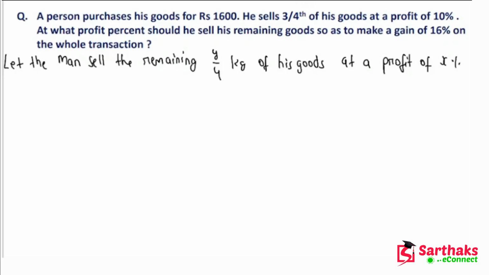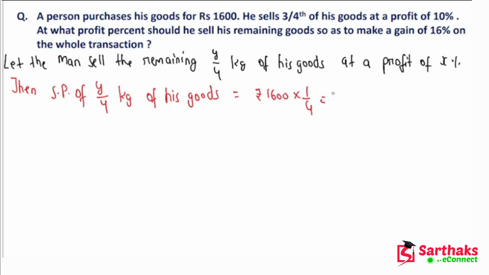Okay, so you can clearly see when you do this, then the selling price of y by 4 kg of his goods, let this man sell the remaining at a profit of X%. Then the selling price would be what? The cost price of y by 4 kg of his goods will be rupees 1600 into 1 by 4, that is rupees 400, right?